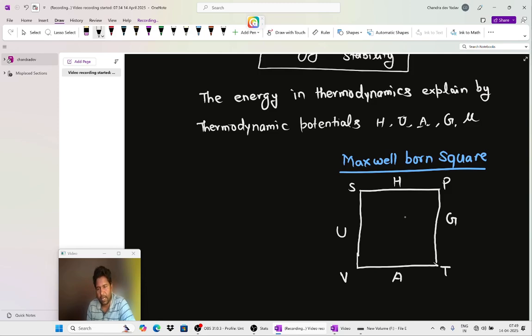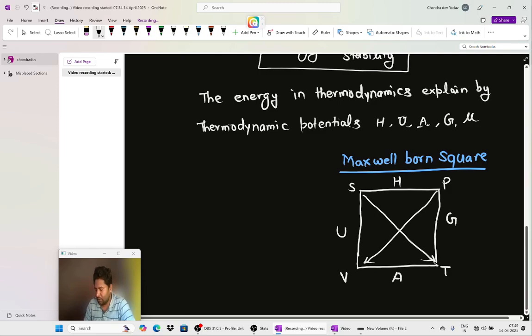We can learn HGAU clockwise, and SPTV also clockwise. We can draw an arrow from entropy to temperature and from pressure to volume. This arrow is helpful to denote the sign of the value.